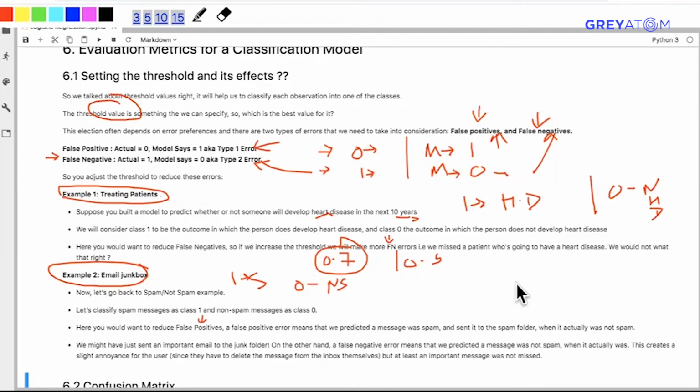But what if your big meeting calendar event went to your spam? This is the kind of thing where we want to reduce the false positive error, and we would make the threshold very strict, like 0.8 or greater, depending on our problem, so that my model doesn't make mistakes on false positives. So this is the first thing: we set the threshold.